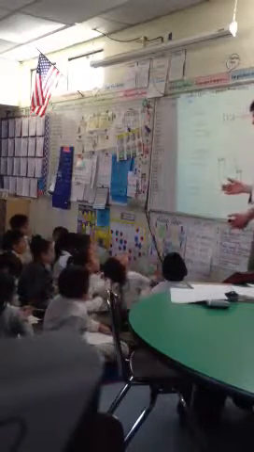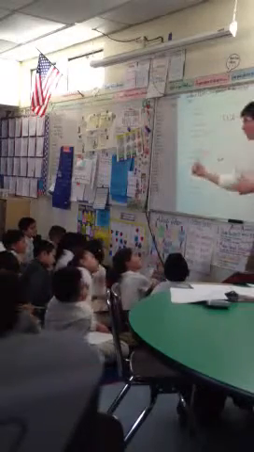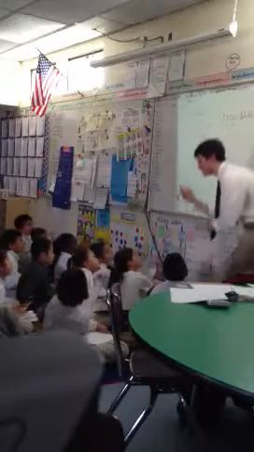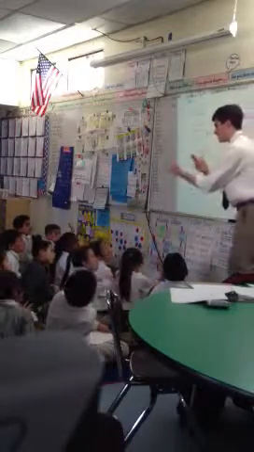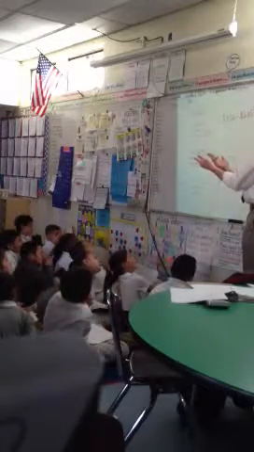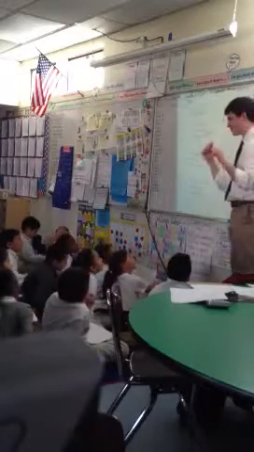Alright, let's count up by our tens. So we're at 20. 30, 40, 50, 60, 70, 80, 90, 100. Ooh, I should be at 8. Let me try that again. Let's try that one more time.